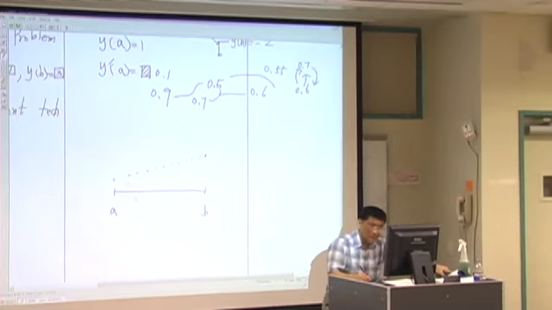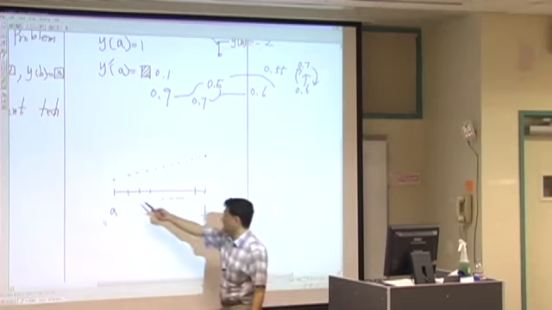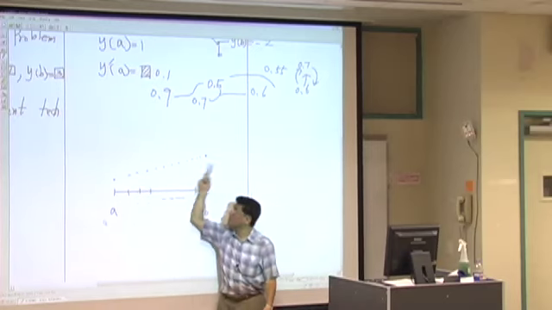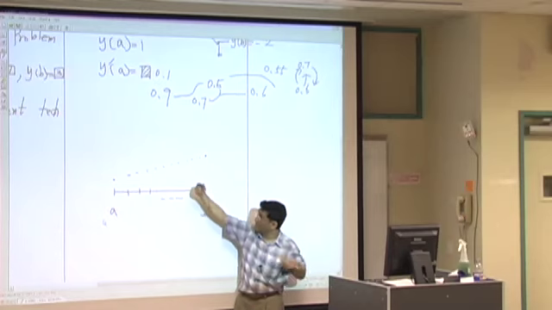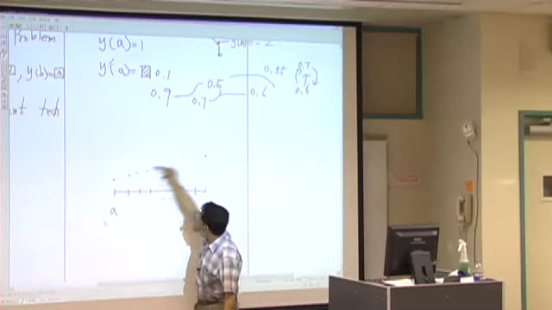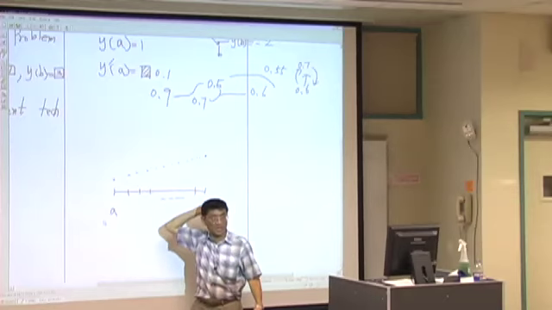We break this up into n small pieces, and at each point we assume the height using a wireframe roof. Using the wireframe roof, we just guess the height initially.